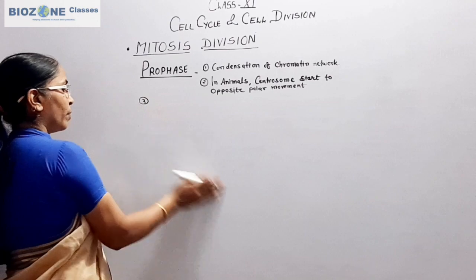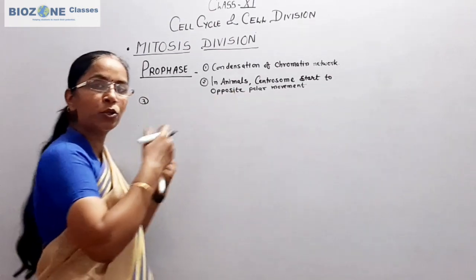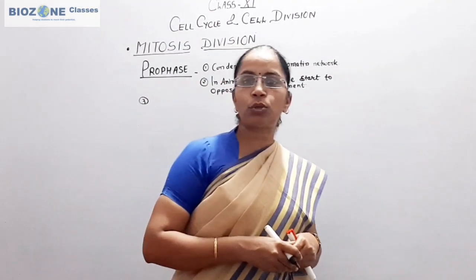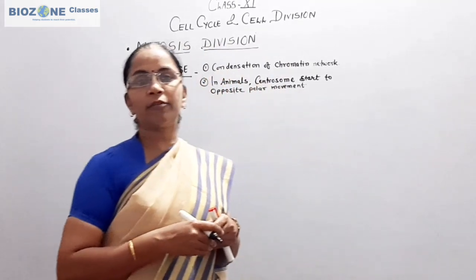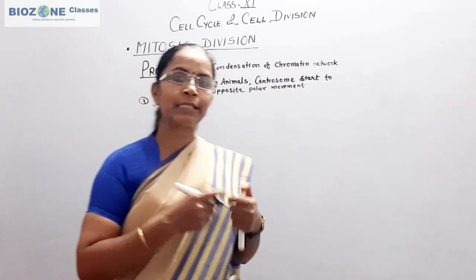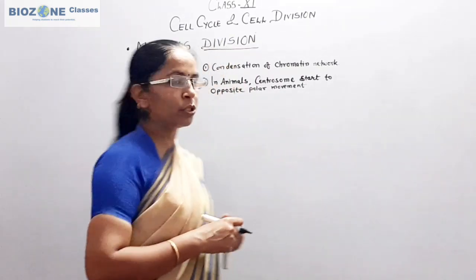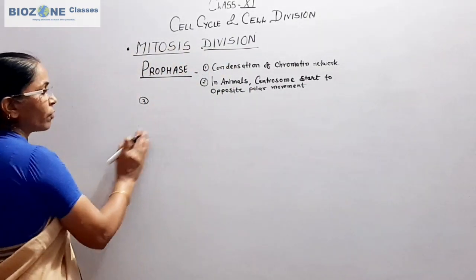Then in mid prophase, the centrosome nearly reaches the opposite pole and results in the formation of aster. The aster formation we will study after the prophase.